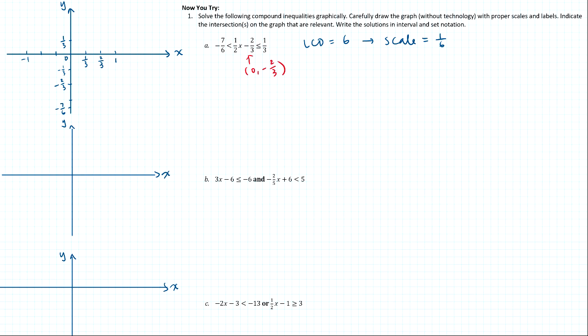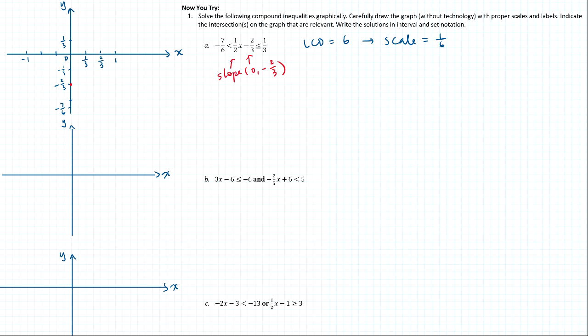In this case, we start with (0, negative 2/3) as our y-intercept, so it's right over here. And the slope is 1/2. That means every time I go up 1, I go over 2 to the right.